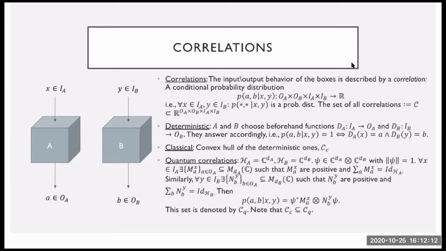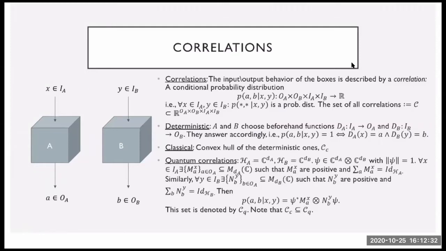For any X, the sequence of MAXs that satisfy both positiveness and that the sum is the identity are called POVMs. And we will talk about them more in a moment.